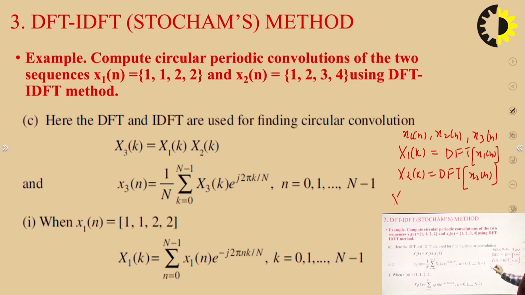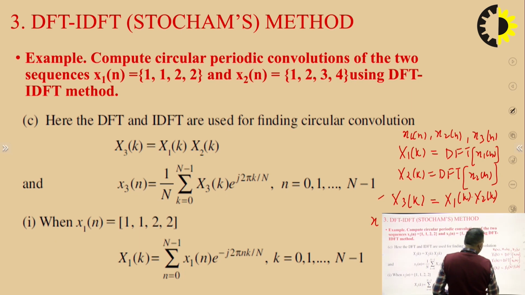Then you find x3k, which is the multiplication of x1k and x2k. Once you find x3k, you can easily find x3n by taking the IDFT of x3k. So this is the simple algorithm by which we can calculate the circularly convolved sequence.